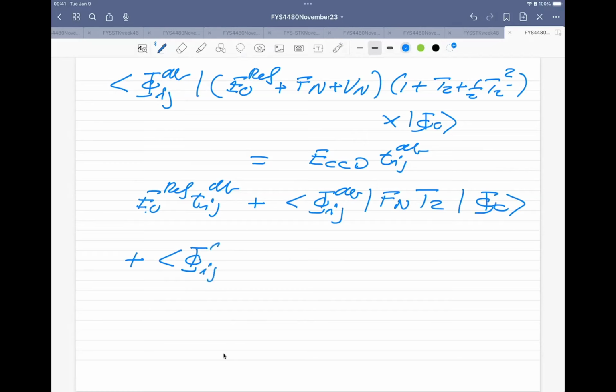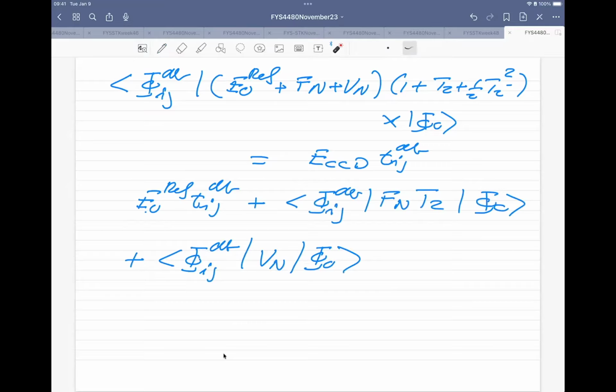Then we have the next term, which is a V of n times phi 0, multiplied with this one. So that's a non-zero term.